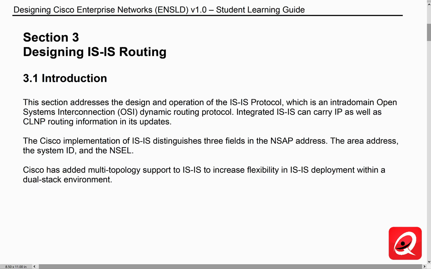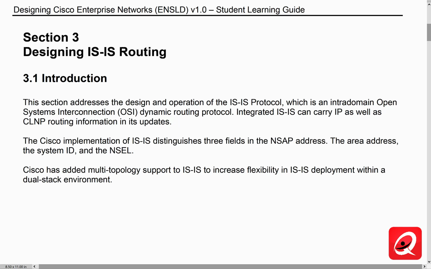We don't really see that too much these days. And ISIS, from a Cisco perspective, implements ISIS using 3 fields in the NSAP address. We'll talk about that as well. It's called the area address, the system ID, and the NSEL. We'll dive into that in more detail in this section as well.